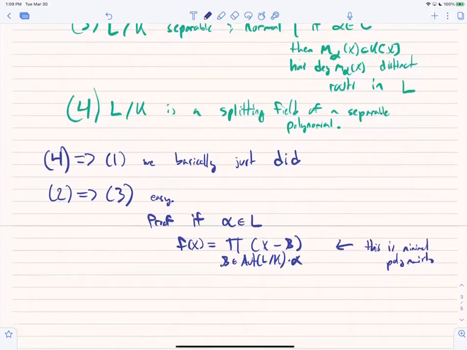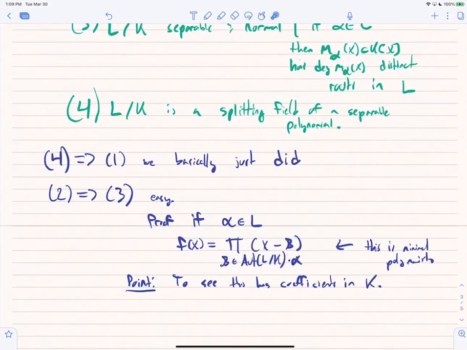The point is that if I apply sigma to all of these, the point is to see that this has rational coefficients, so it has coefficients in K. Whatever the minimal polynomial of alpha is, if I take some element in L over K and apply it to alpha, I'm going to get a different root of that minimal polynomial.